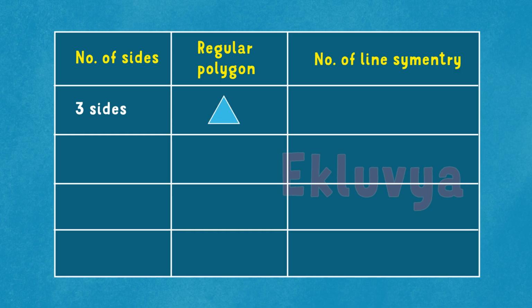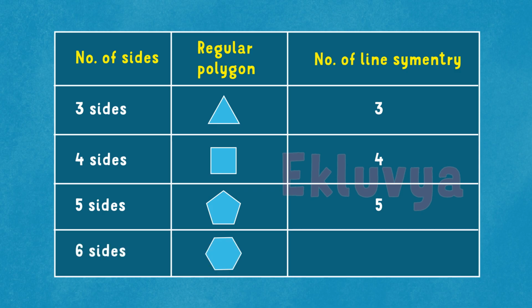So, we can see a pattern emerging that the number of lines of symmetry is equal to the number of sides of the regular polygon. For example, a 3-sided regular polygon, we got 3 lines of symmetry. 4-sided regular polygon, that is a square, we got 4 lines of symmetry. And 5-sided regular polygon, we get 5 lines of symmetry. So what about a 6-sided regular polygon? You guessed it right, 6 lines of symmetry.